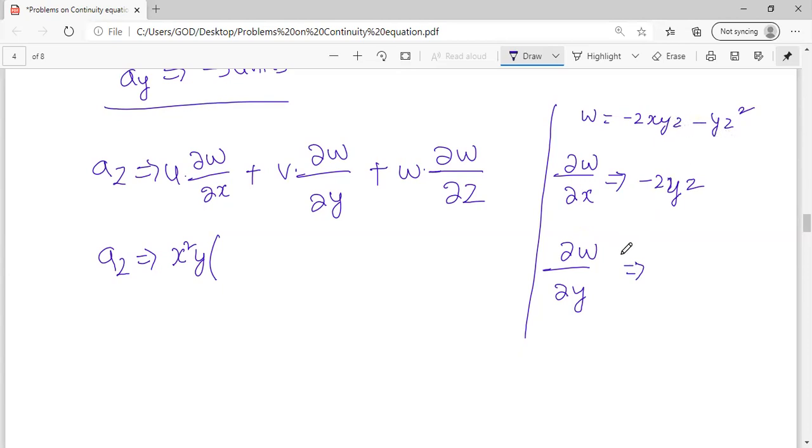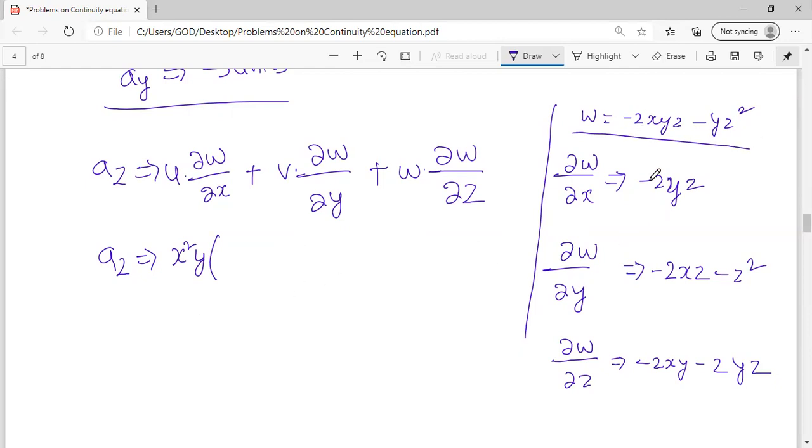So if you differentiate this properly, then it comes out to be minus xz minus z². ∂w/∂z is written as, if you observe z term here as well as here, then it comes out to be minus 2xy minus 2yz. This is the partial differentiation of this variable. Now you substitute all this into this, then you will get acceleration along z. So we will do that.